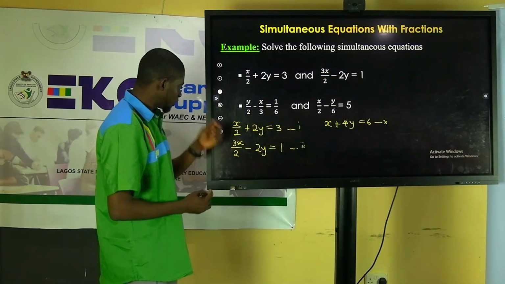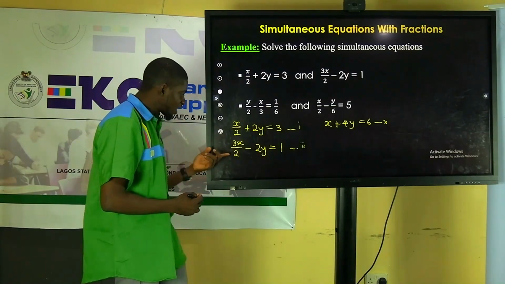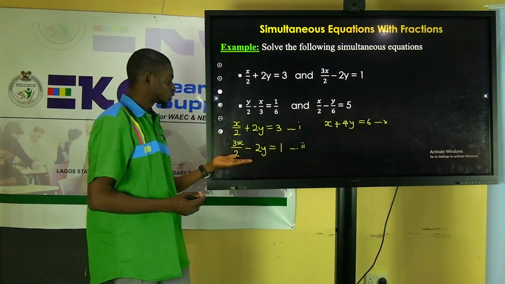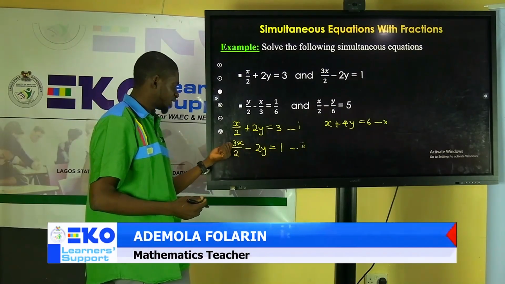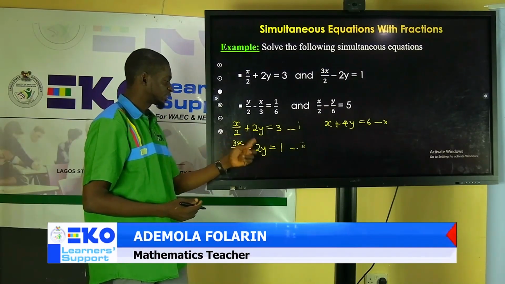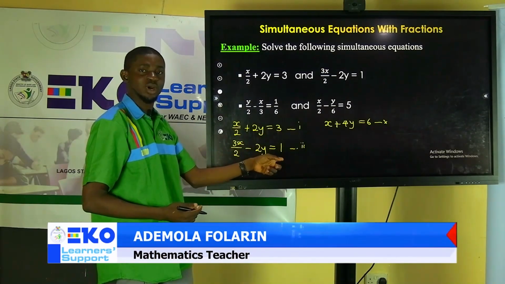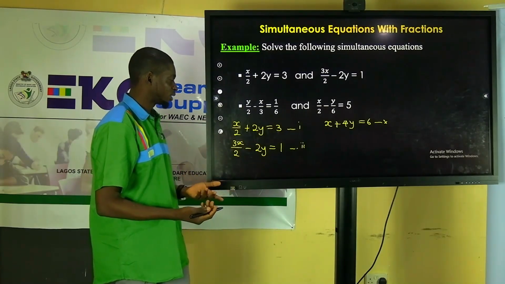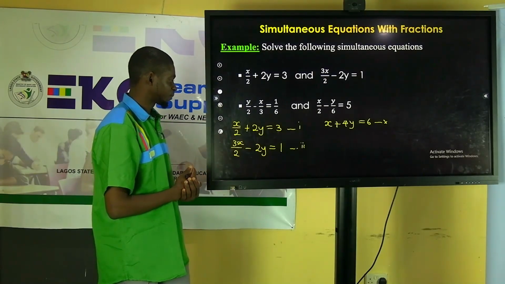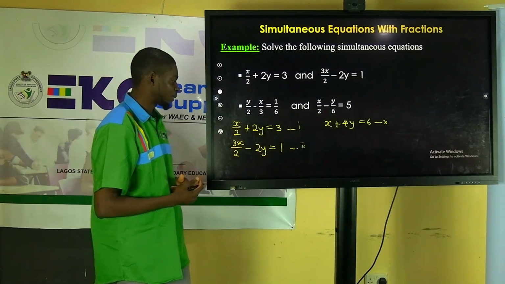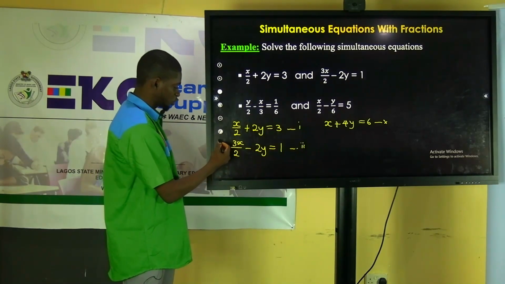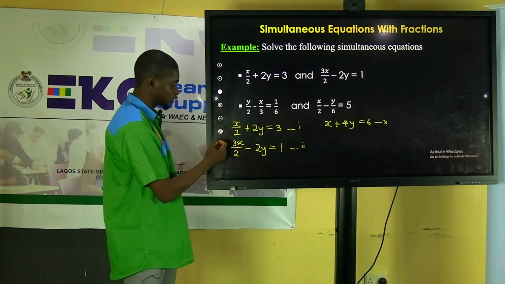We do the same thing here. The LCM of all the denominators. Interestingly, in this question, the denominator in the first term is 2, the second term 1, the third term 1. So the LCM of 2 and 1 is what we use. We use that to multiply through. So when I multiply this by 2, the 2 stays here. I use it to cancel out the 2 that is here.